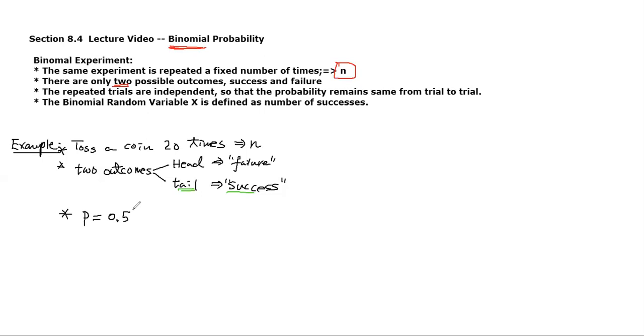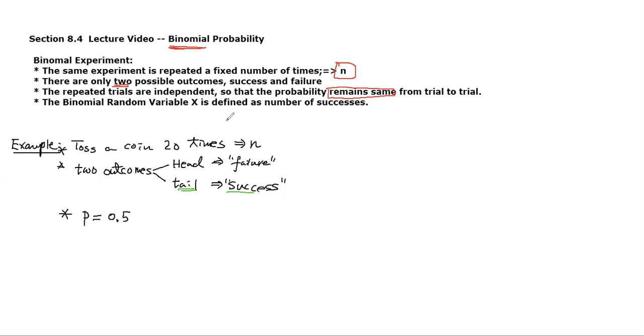The first time I toss a coin, I have a 50% chance to get a success. The second time I toss a coin again, I still have a 50% chance of success. So the probability remains the same from trial to trial. The p is 0.5 from trial to trial.